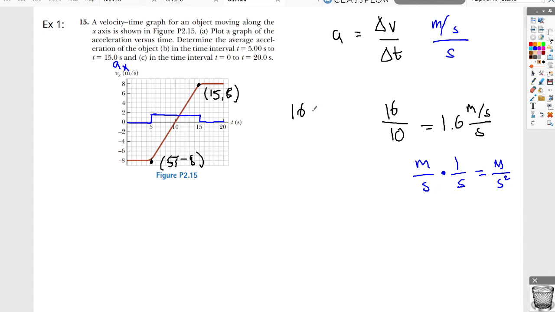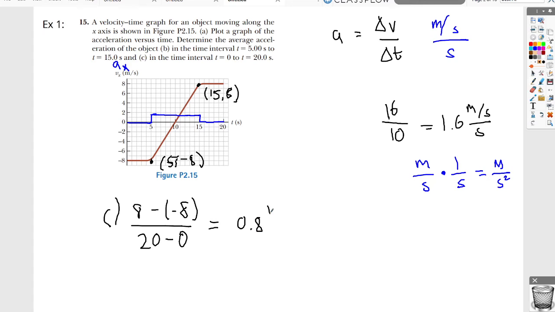What our velocity is at 20 is 8, minus -8. And then in this case, the time is 20 minus 0, which is 0.8 meters per second squared.